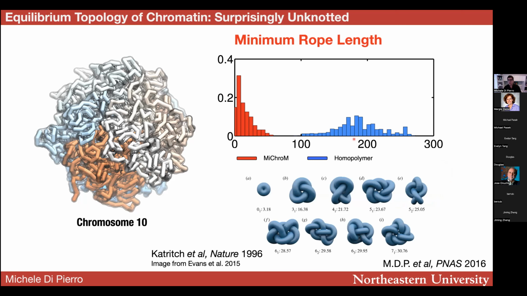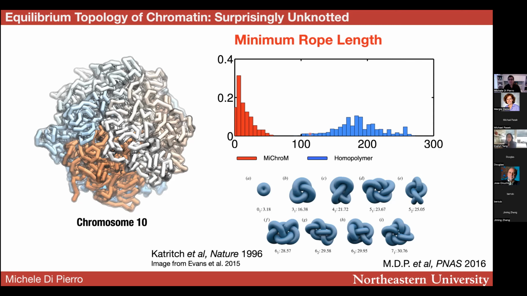So these distributions indicate one specific measure of knottedness, which is the minimum rope length. And very simply, the minimum rope length is the length of a rope you need to make a knot of certain complexity. And of course, the more complex the knot, the longer the rope you need to make that knot.